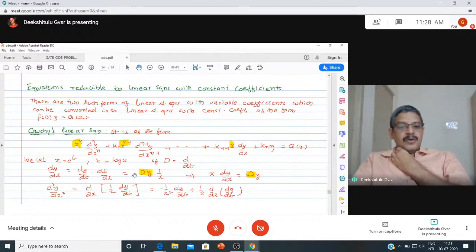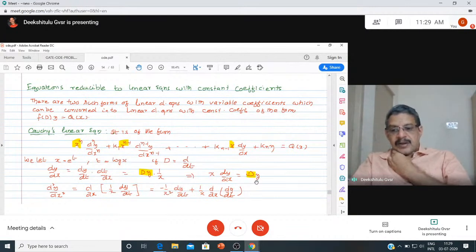So 1 by x Dy is equal to dy by dx. So if you send this x to the other side, what happens? x dy by dx is equal to Dy. So the term x dy by dx, a term with variable coefficient, is now converted into only Dy. You don't have a variable here, it's a constant.